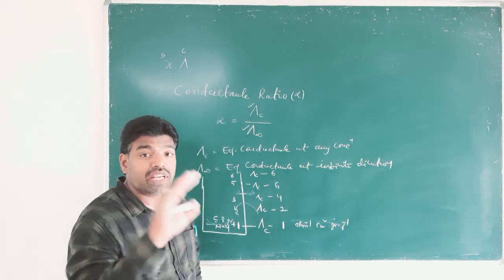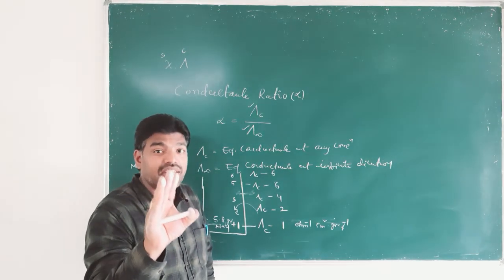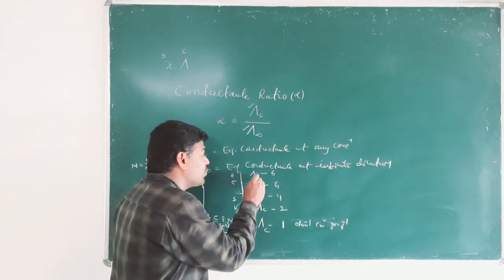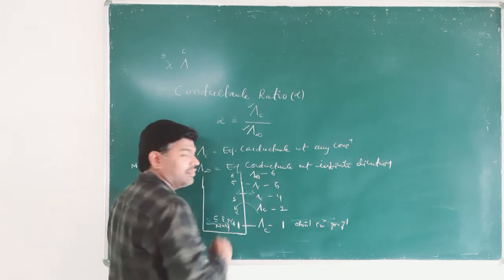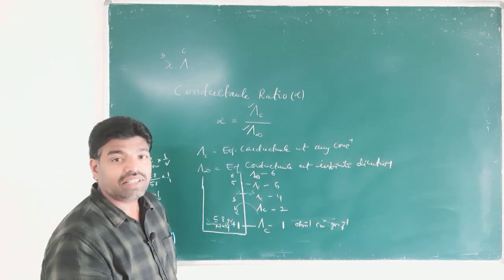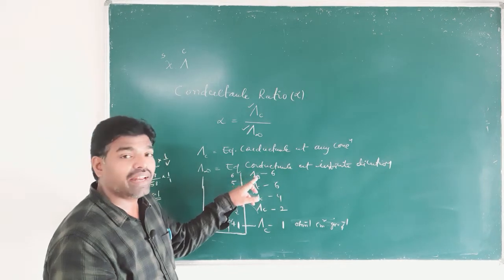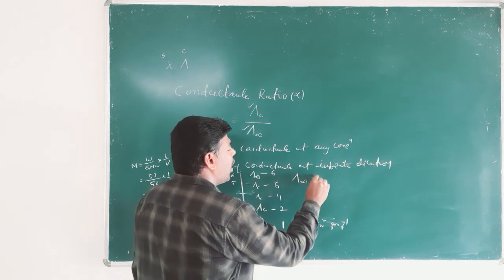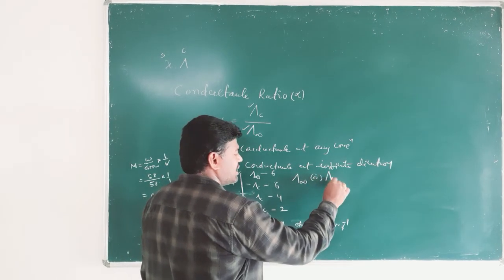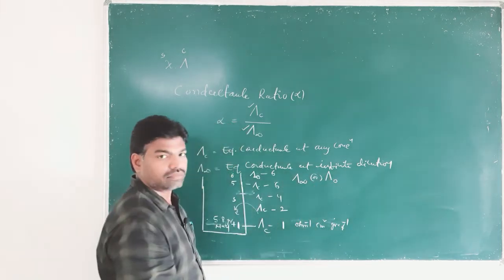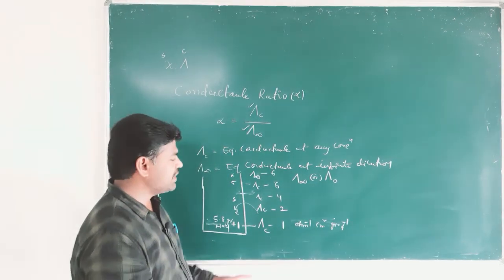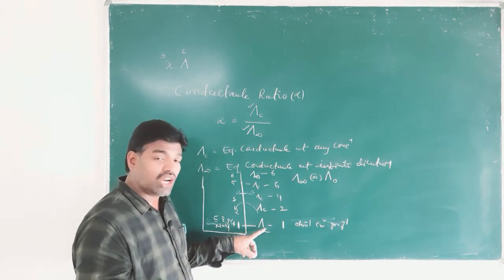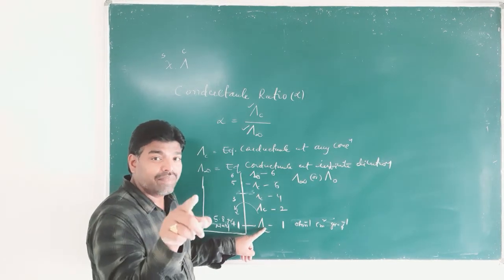Whenever that saturation point is reached, the equivalent conductance at that concentration is known as the equivalent conductance at infinite dilution, lambda infinite, or sometimes it is represented with lambda naught, right?